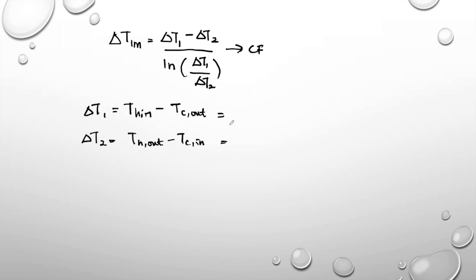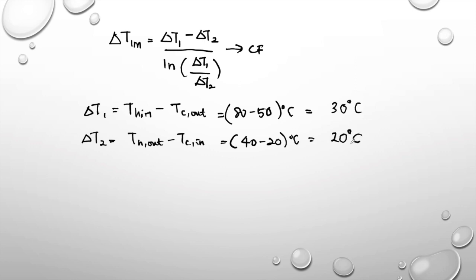So your delta T1 is 80 minus 50, in degrees Celsius, and the second one is 40 minus 20 degrees Celsius. You will get 30 degrees Celsius for delta T1 and 20 degrees Celsius for delta T2.